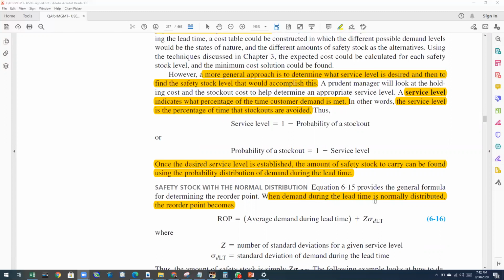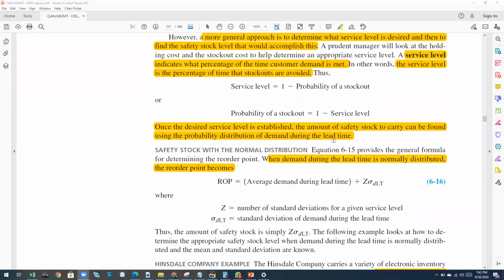When demand during lead time is normally distributed, the reorder point formula is revised from equation 6-15 to equation 6-16. Reorder point is equal to the average demand during lead time plus Z multiplied by the standard deviation of demand during lead time.